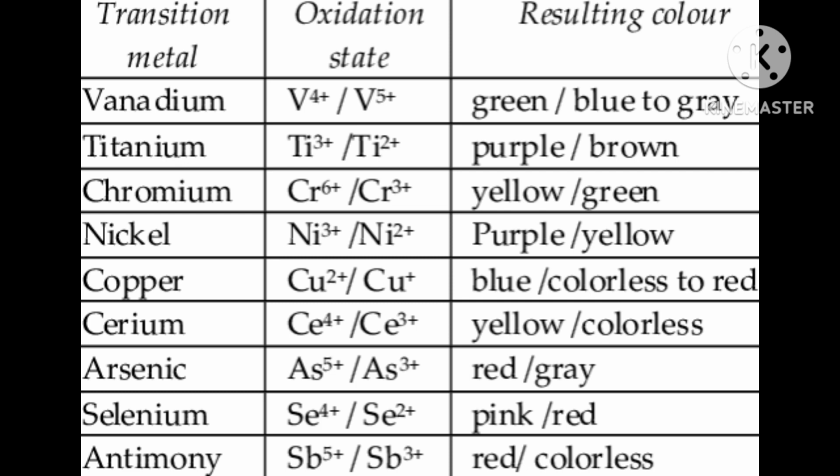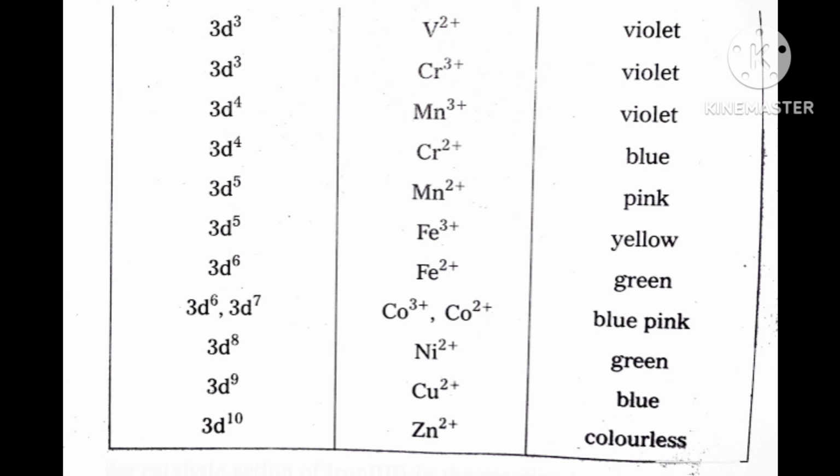For 36 it is exactly 6, but for 35 the exact value is 5.92 BM. Okay, Bohr magneton. This I have told about the magnetic properties, and this question is asked.